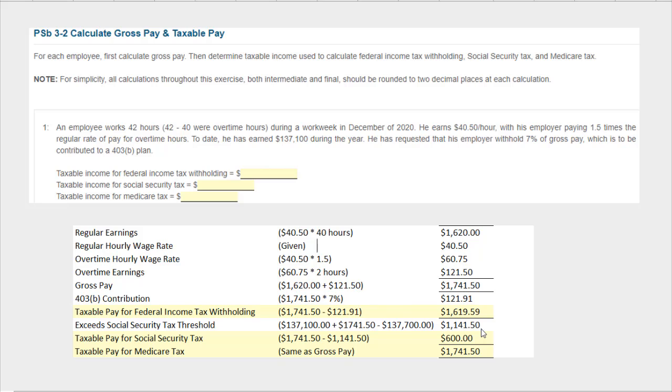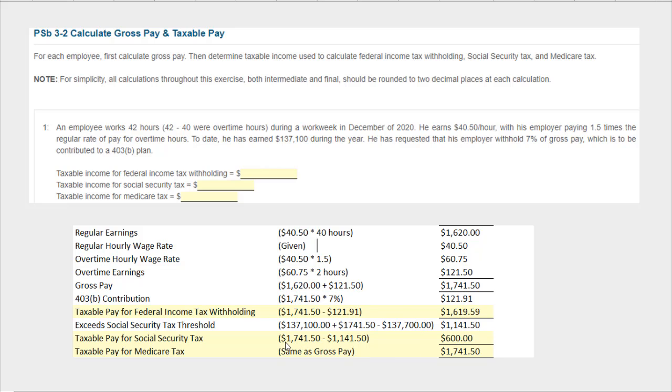So in this pay period, we had earnings of $1,741.50, right? This amount, as a part of that balance, is not subject to Social Security tax because this balance makes the year-to-date over the threshold. Therefore, it's not subject to Social Security tax.